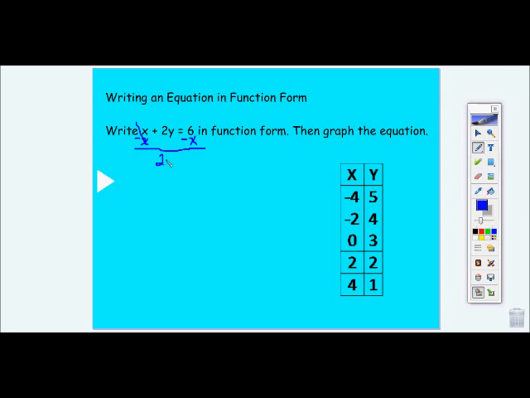We get that 2y is equal to, and again we want to put our variable first, -x plus 6. That's going to be our function form. And you can see that right here. I'm going to move this over here on top of my input-output chart now, because our x is our input, what we're going to put into the equation to see what comes out. So I want to show you this one though and write it out.